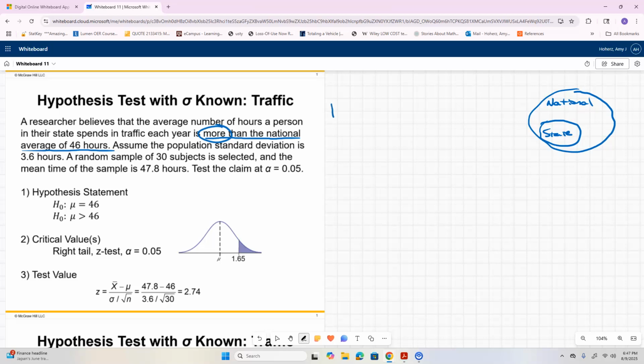So we're going to start with our hypothesis statement. We have always our null hypothesis and our alternative hypothesis, and then we put these colons to say that's going to follow. Our null hypothesis is always our status quo. So it says, assume the population standard deviation is 3.6. We'll come back to that.